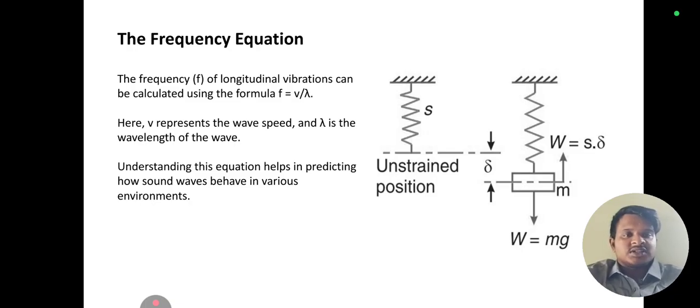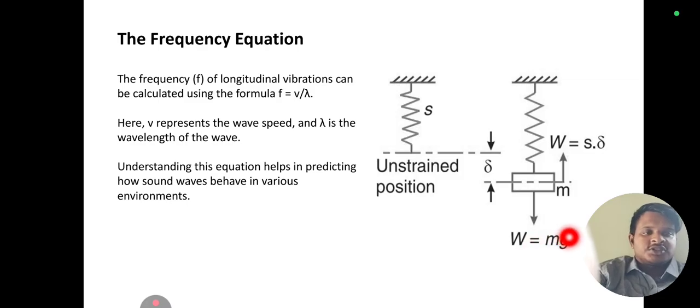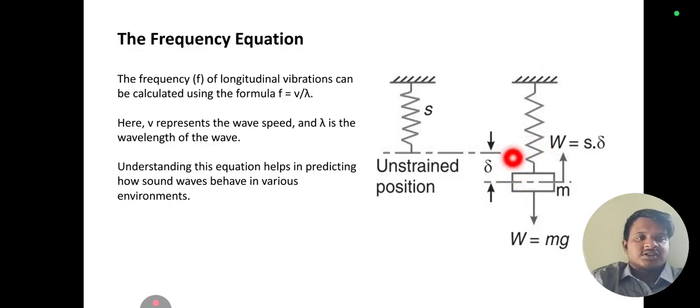Understanding this equation helps in predicting how sound waves behave in various environments, like this one. In the diagram we see W equals mg and W equals s delta. This region is called delta. It is the frequency formula: f equals v by lambda.